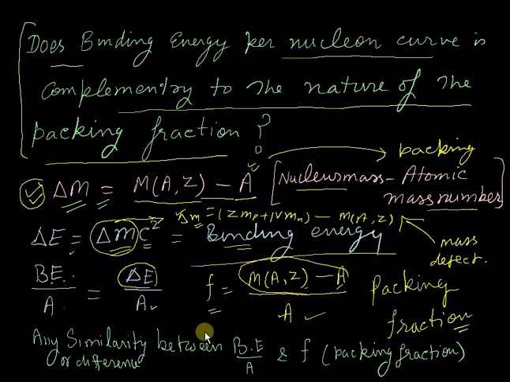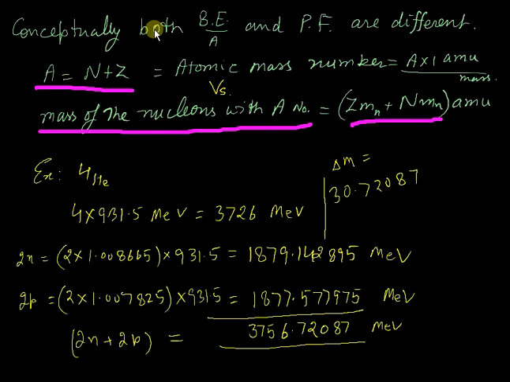What was our concept? We are looking for any similarity between the binding energy per nucleon curve and the packing fraction curve. Are they complementary to each other? Yes or no? This is the point. Conceptually, binding energy per nucleon and packing fraction are different.